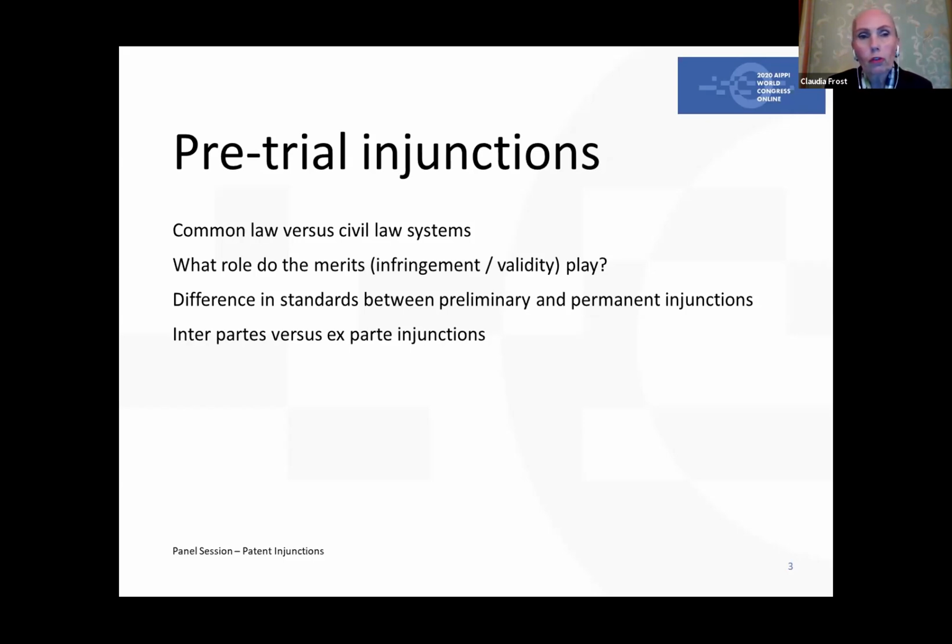The temporary restraining order is the analog to the ex parte injunction we've been talking about here. There, the court may issue a temporary restraining order without written or oral notice to the adverse party only if two requirements are met.